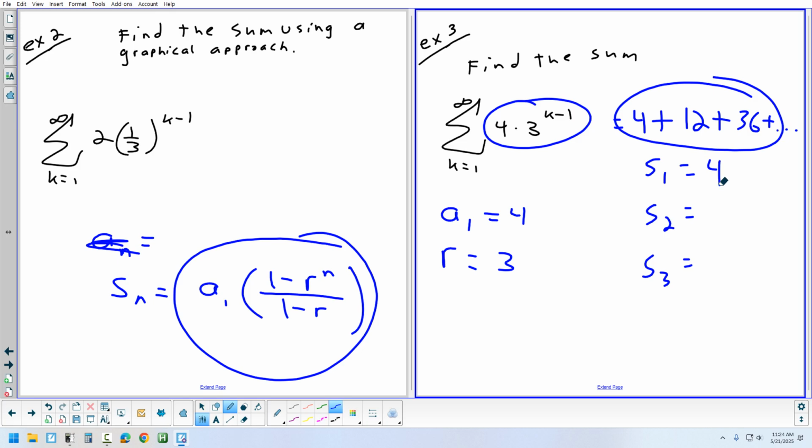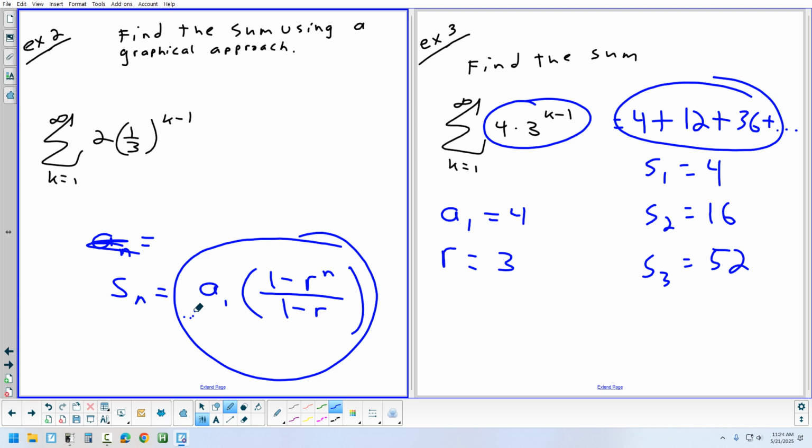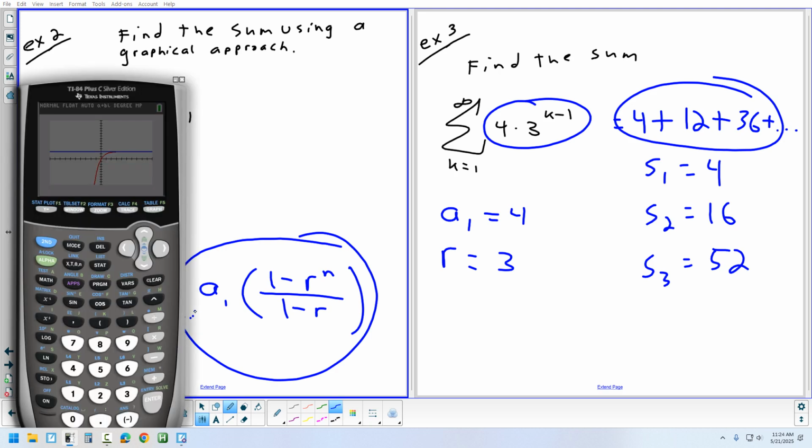What's S2? Yep, 16. And what's S3? Yep, 52. Now I might ask you what's S sub 500 on the test. You don't want to do it that way though. You want to do it this way. Plug it in and use the calculator to find the value.